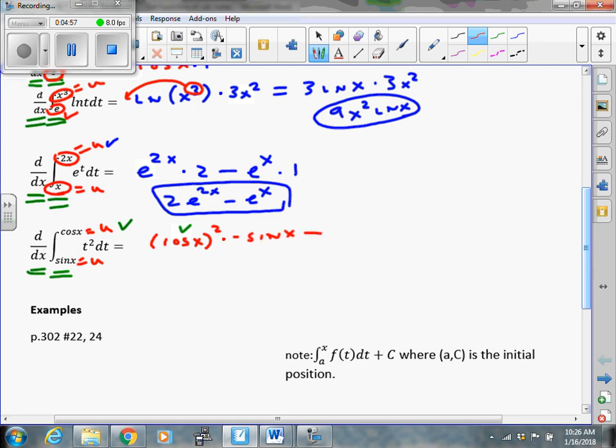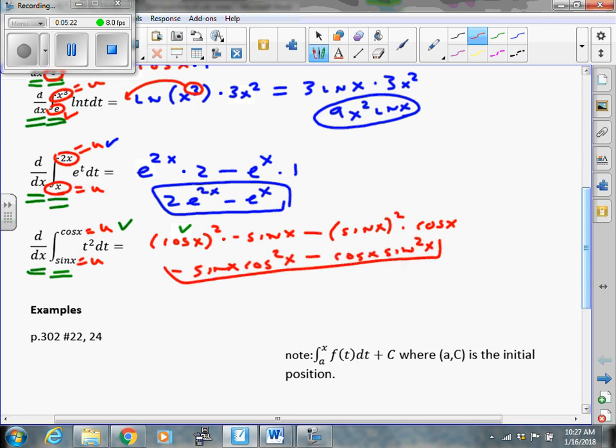Now I'm going to do the bottom one. Plug it in, times its derivative, producing a hot mess. You can simplify that to negative sine x cosine squared x minus cosine x sine squared x. And there's factoring features and other things we might want to look at, but right now let's just get to the basics here.